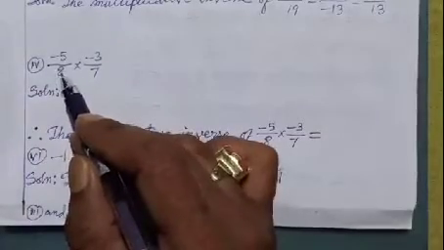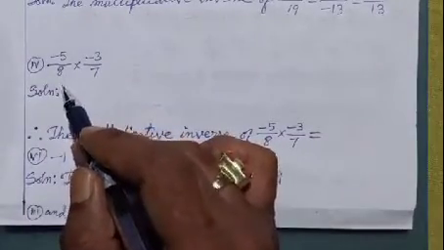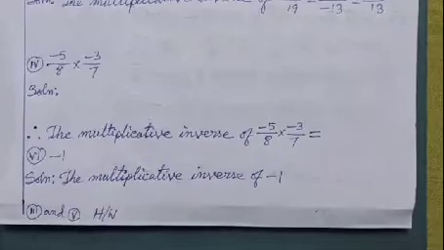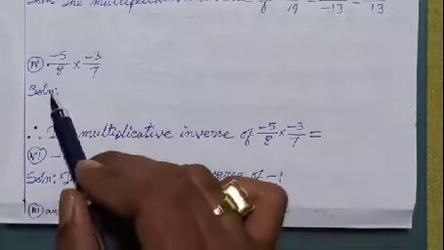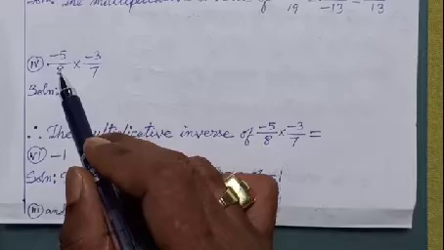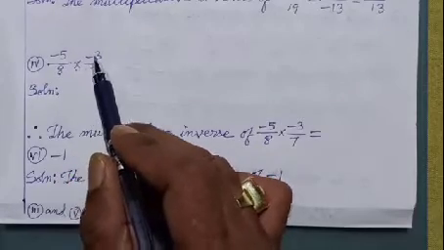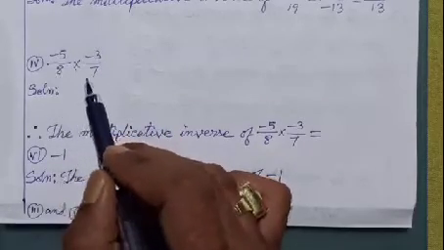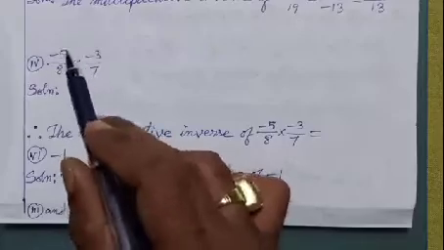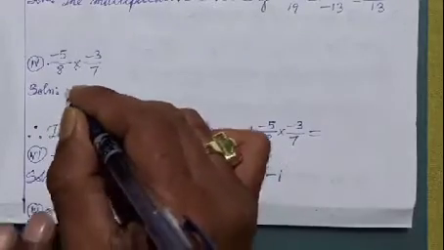Now Roman number 4. Minus 5 by 8 into minus 3 by 7. In this question, first we need to simplify the given number. Now solution.